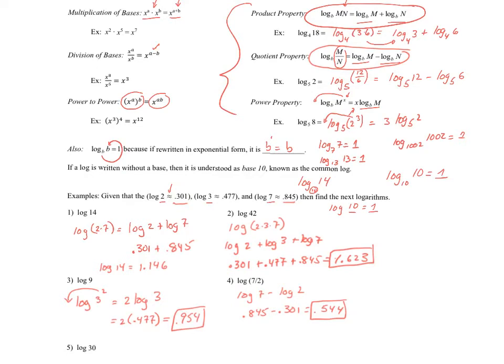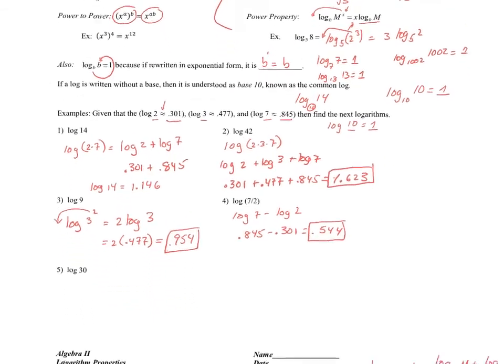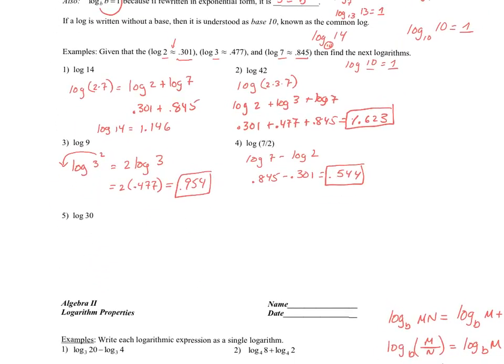Okay, now let's look at the next example, which is the log of 30. Now, if you look at our original group of givens, 2, 3, and 7, there's no way that you could find a combination of the product or quotient, or even those numbers raised to a power, and get to 30. But that's why we want to identify that the log of 10 is equal to 1, because we can rewrite 30 as the log of 3 times 10.